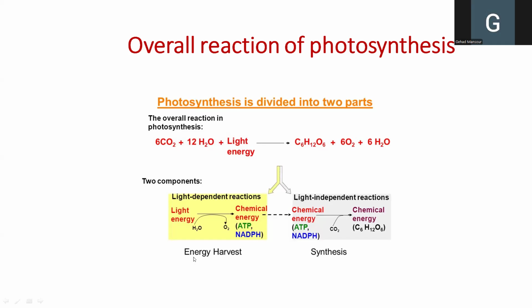There is a kind of energy collection or energy harvesting. So what happens in the light-dependent reactions is that the plant cells collect light energy from the sun and convert it into chemical energy that is stored in ATP.